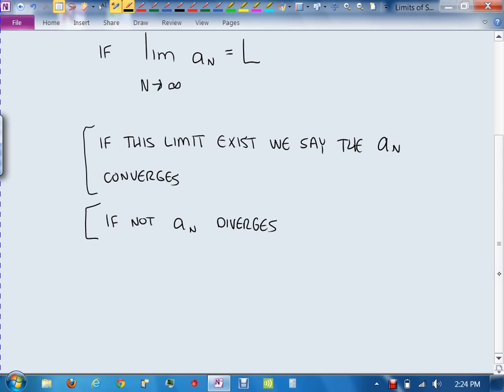Now, let me do an example first. Let's look at one that we've already had. Does a sub n equals n over n plus 1 converge? Well, let's write out the first few terms. Okay, let's see what's happening.